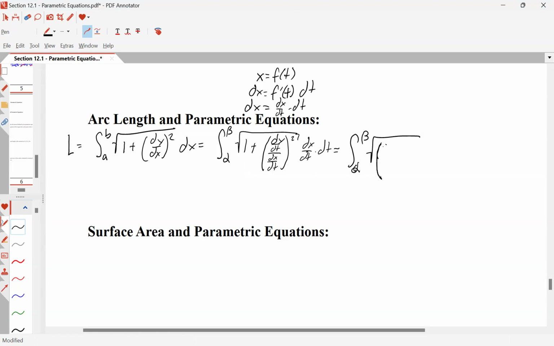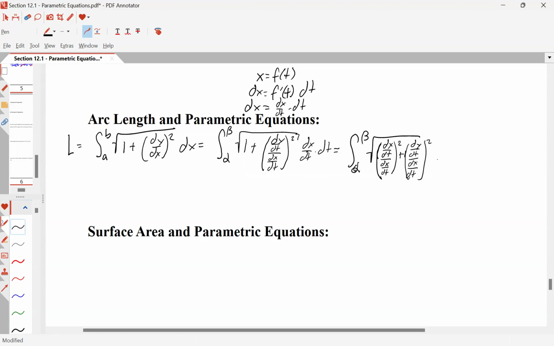So we'll have (dx/dt) over (dx/dt) squared plus (dy/dt) over (dx/dt) squared.